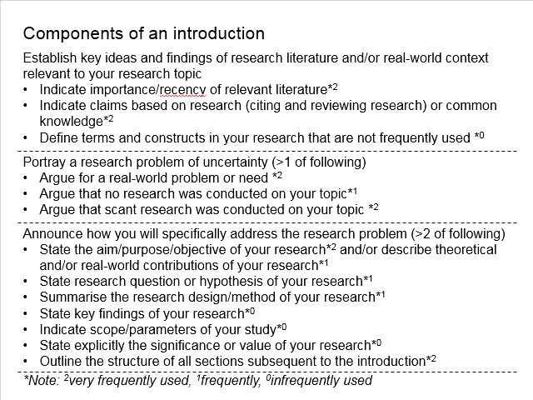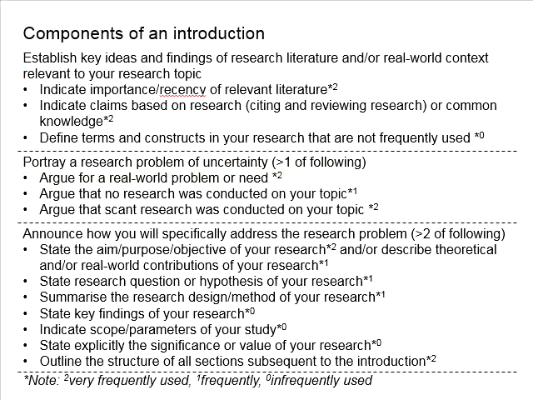Now let us look at the first component, where you need to establish the key ideas and findings related to your research topic and how they are relevant and related to real-world situations. This is how you can do it.